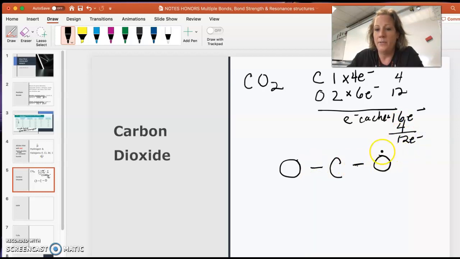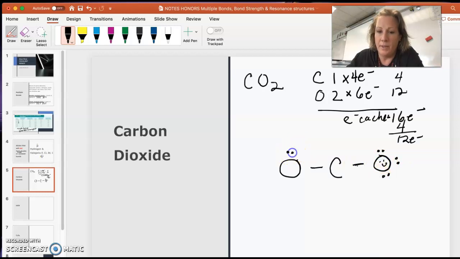Now I would place them around the outside and then go to the inside until everyone has an octet. So I would go 2, 4, 6 here, because now this oxygen has 2, 4, 6, 8, so it is happy.